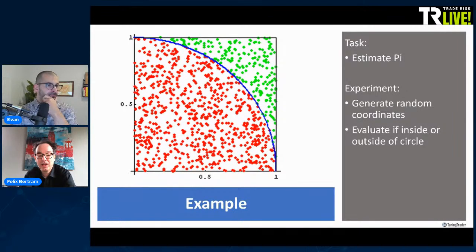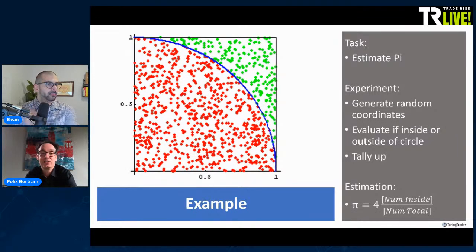All that requires is the Pythagorean theorem, and you can basically figure out whether it's inside or outside. Now we can tally up the hits inside and outside, and then we can estimate pi just like this. What's so cool about this really is we don't need to have any idea about trigonometry or any sophisticated formula. All we have to do is tally up the results.